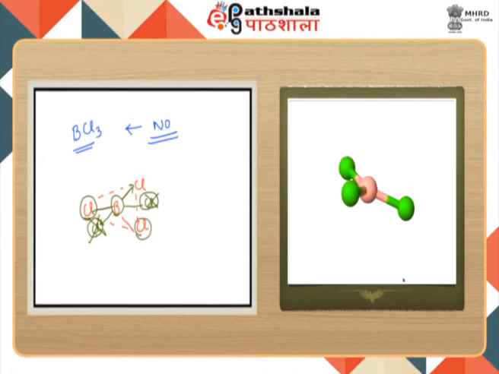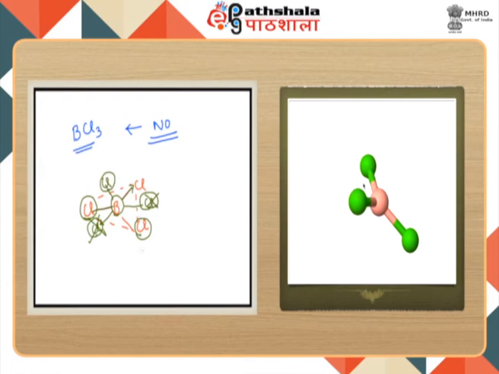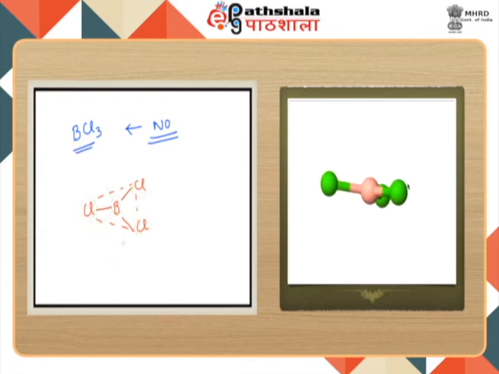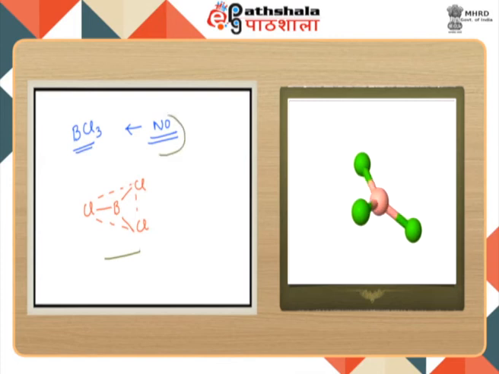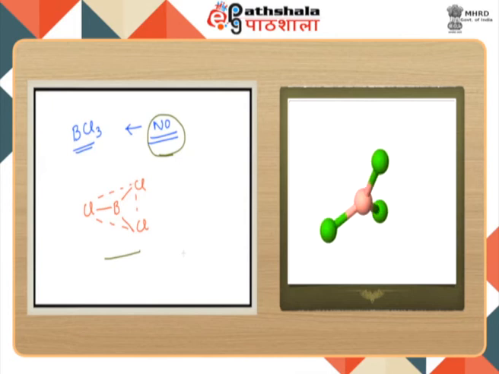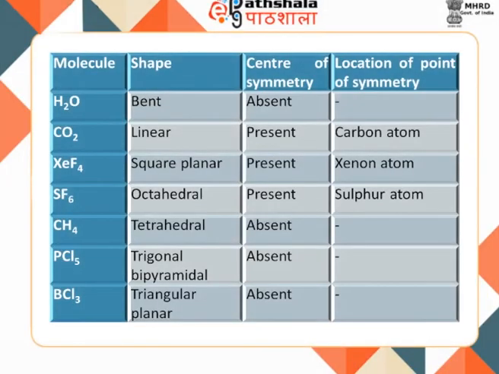And similarly for this chlorine atom, there should have been a chlorine atom diagonally opposite, which is also not the case. So what we conclude is that in BCl3, there is no center of symmetry or location of point of symmetry. In this table, the presence of center of symmetry in various molecules can be seen.